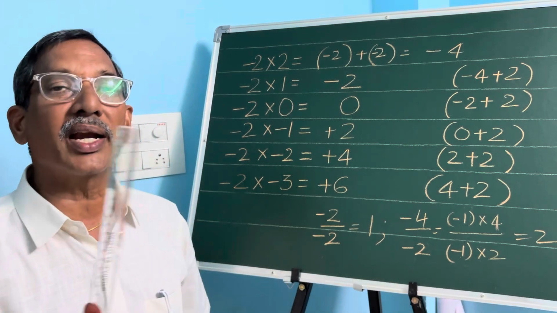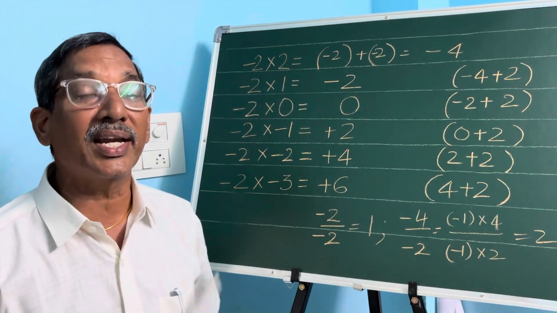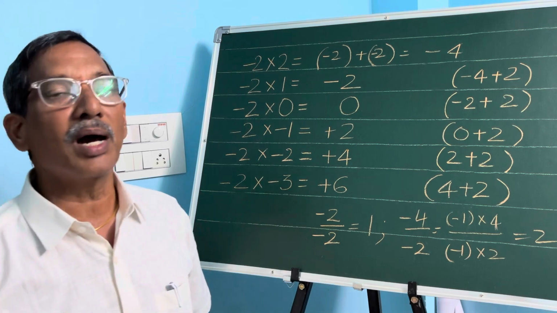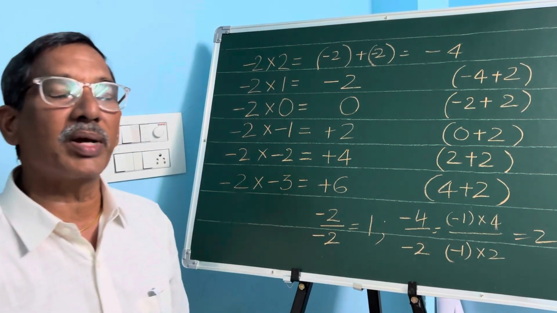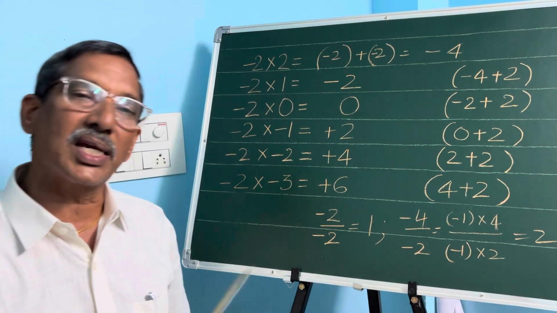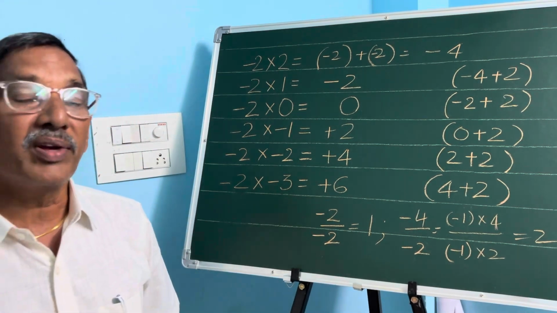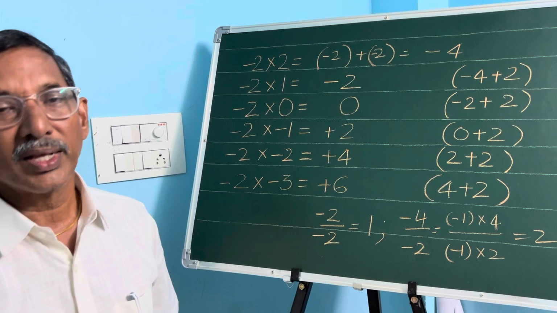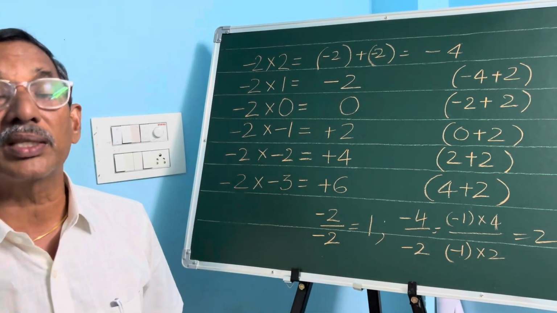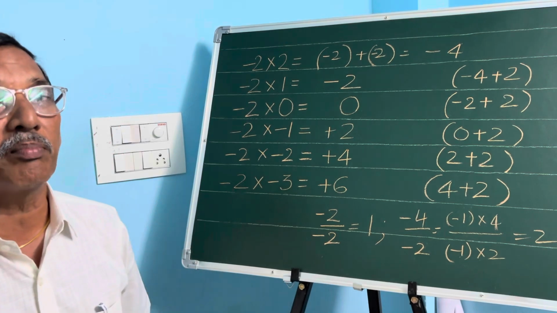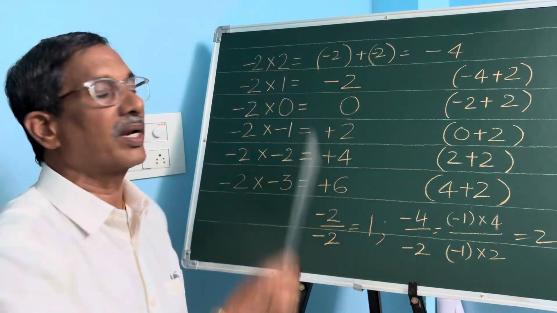The product and quotient of two negative numbers is always a positive number. If one number is positive and one number is negative, we get a negative number as the product and as the quotient. We have to remember that the product of two negative numbers is a positive number, but the sum of two negative numbers is always a negative number.